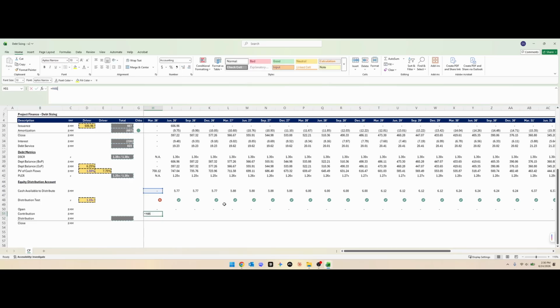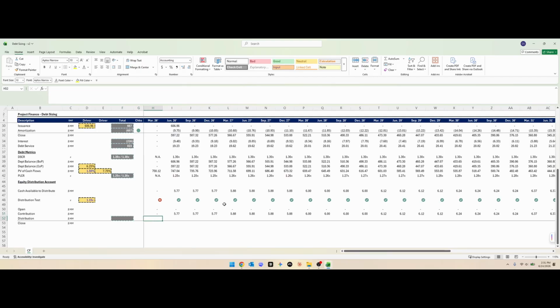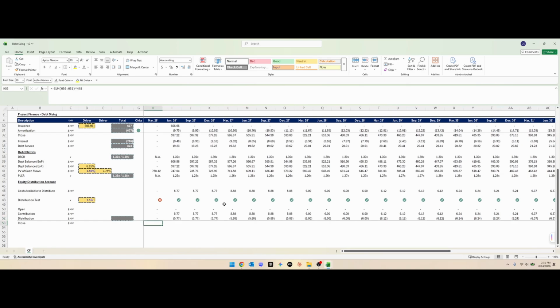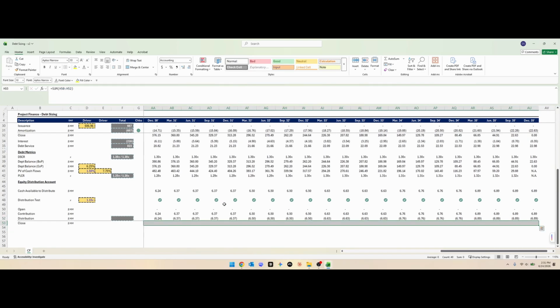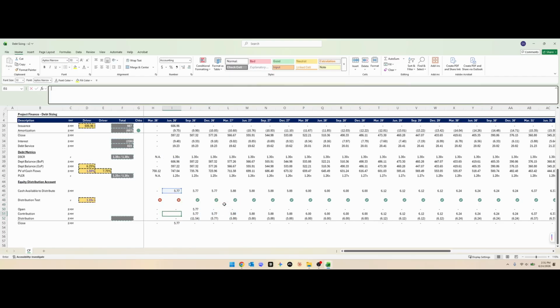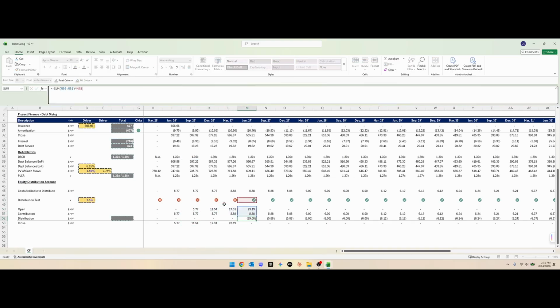It goes into this account no matter what, so we're not testing it here. But to distribute it, we go negative sum of this times this. That creates an account that allows us to distribute in each of these periods. Now, if I don't meet the test, we start accumulating. We could have quite a bit of cash on hand that we're not distributing, and you'll see how that impacts our returns.